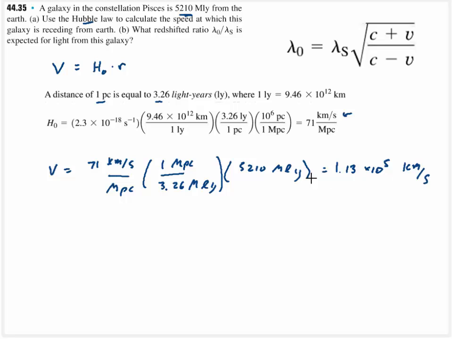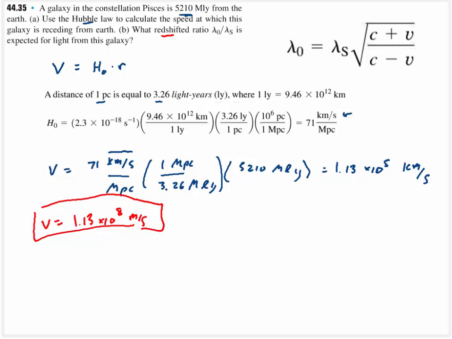Let's go ahead and convert this into something that's a little bit more palpable for the next part. This is going to be 1.13 times 10 to the 8th meters per second. So that's going to be equal to the speed that the galaxy is receding.